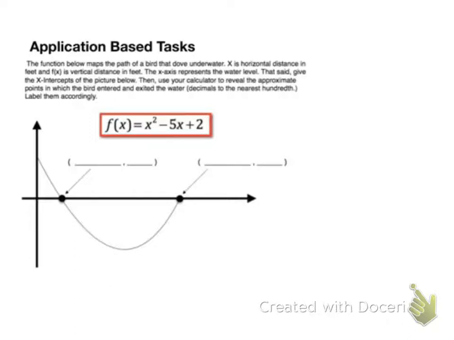And just to get some more additional practice, we have A, we have B, and we have C. Our A here is 1, B is negative 5, and C is 2. So we can use our quadratic formula, and we're going to plug this in.